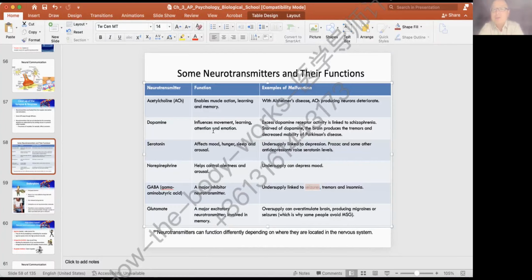Well, I think that to some extent, or with high probability, this so-called secret mysterious agent must be acetylcholine.